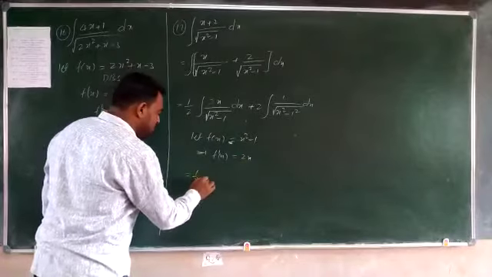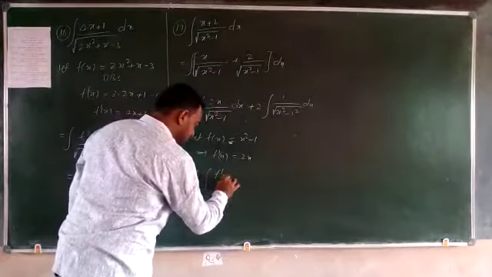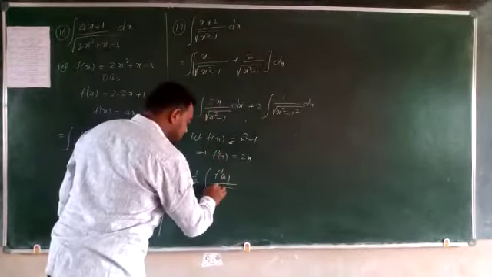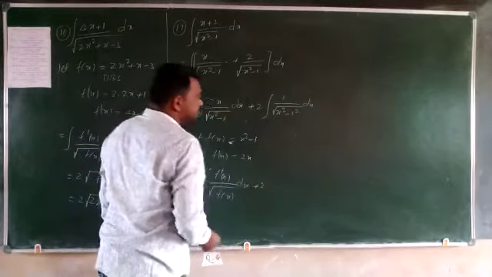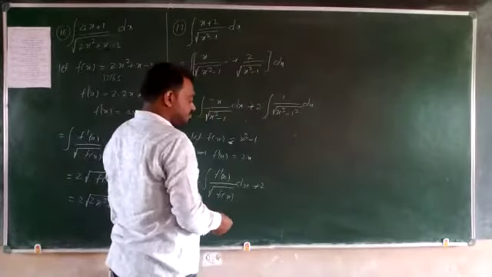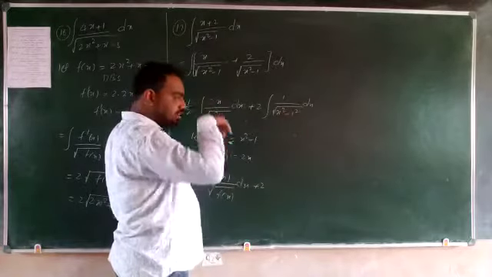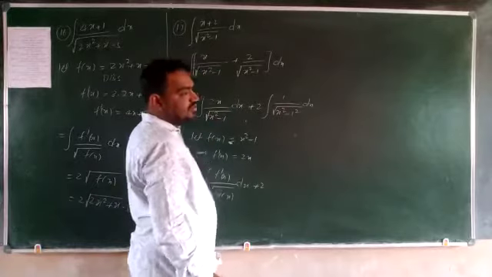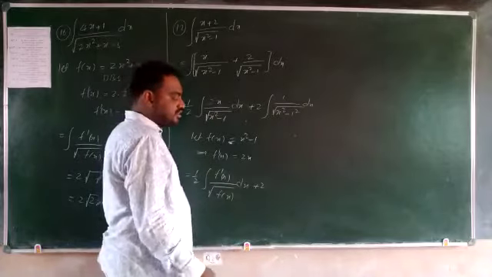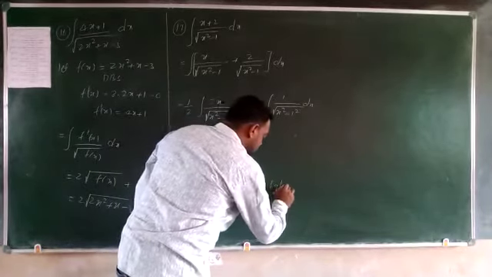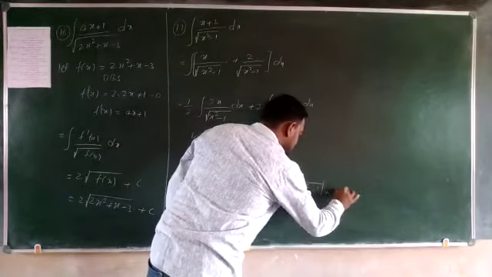So this is 1 by 2 into the integration of 2x, nothing but f dash of x, by square root of x square minus 1, which is f of x, dx, plus 2 into the integration of 1 by square root of x square minus a square, which is log mod x plus under root of x square minus a square. Here a is equal to 1.